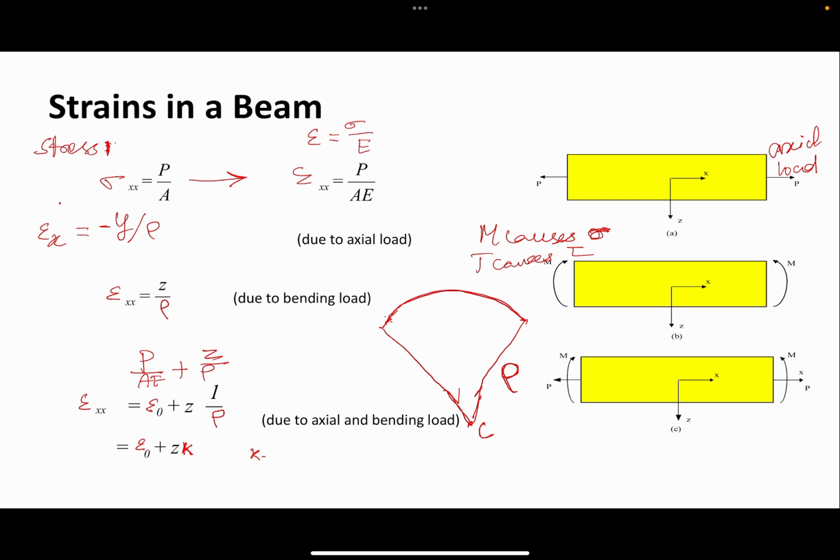That is kappa. It denotes curvature, how much our beam is bending. This epsilon naught is the mid-plane strain, because the axial load passes through the middle plane. And z is the distance away from the mid-plane multiplied by the curvature. This is your total strain.